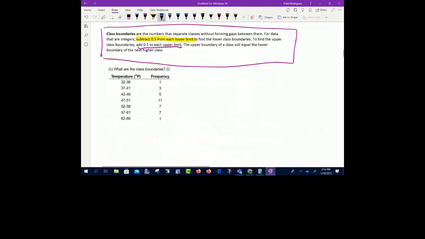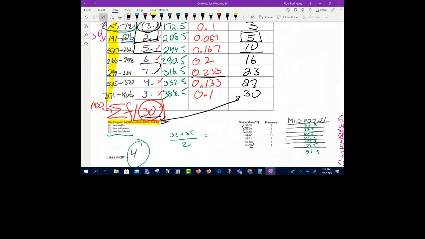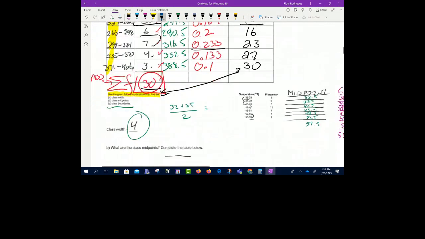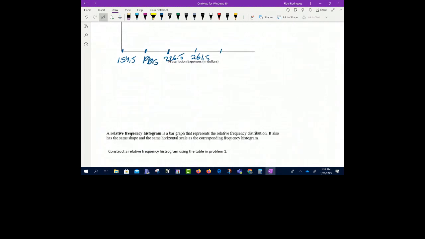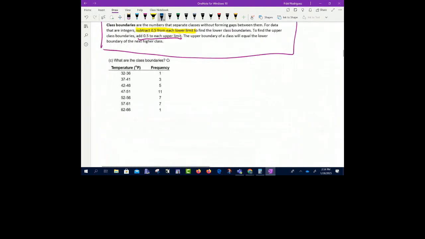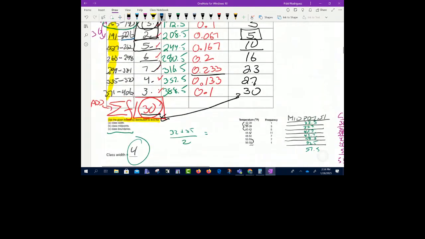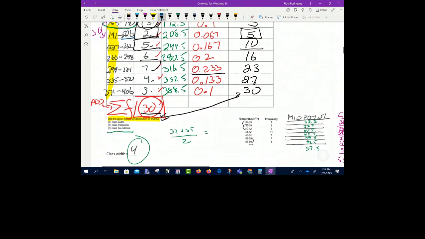So look, y'all, if I come back over here, if it was 260, shouldn't this one have been 262 and a half? So let's fix that real quick. Let's change this to 262.5. And then if I scroll back down, sorry, I'm having to scroll so much, wouldn't the next one be 298.5?